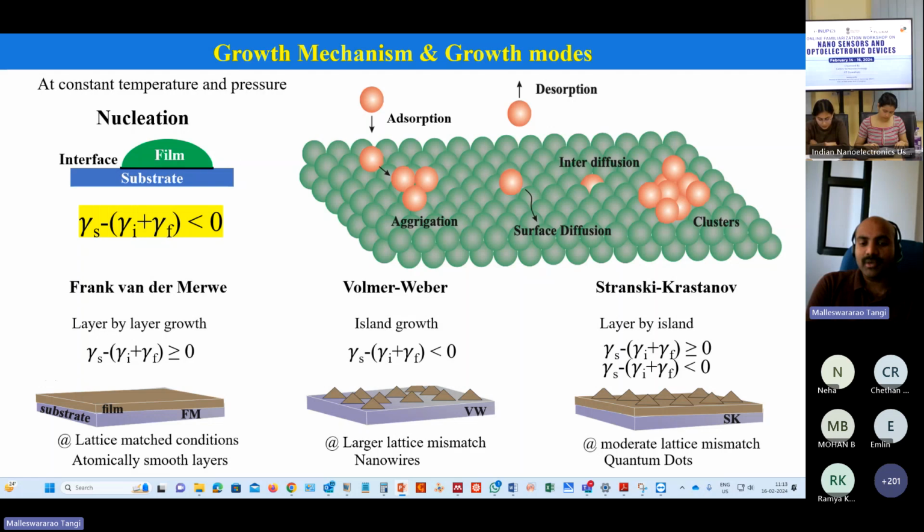When you have a very high lattice mismatch between substrate and film, this growth takes place. And the other one is Stranski-Krastanov growth mode. This is layer plus island. Initially, it forms a layer by layer growth mode, and then it switches to an island growth mode. By using this growth mode, we can grow quantum dots. And by using Volmer-Weber, we can grow nanowires or island kind of growth.